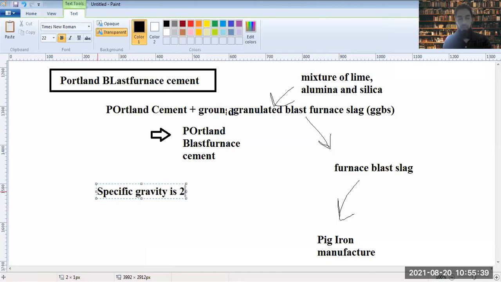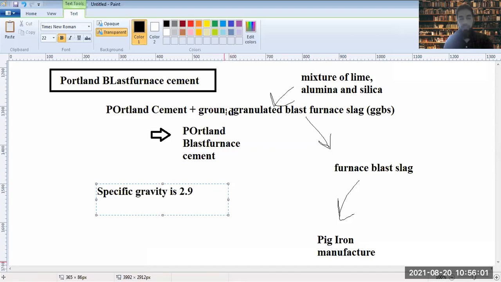So its specific gravity is 2.9. What is the specific gravity of ordinary Portland cement? Just a minute. It's 3.16.